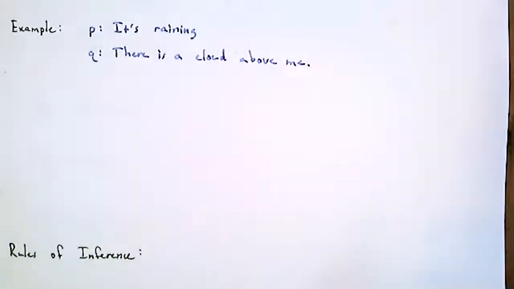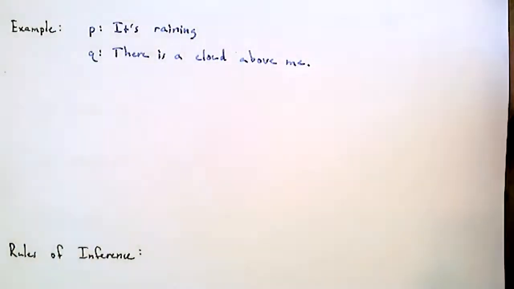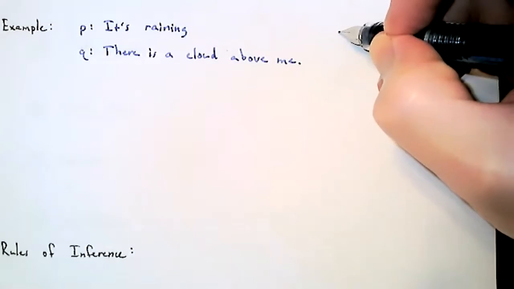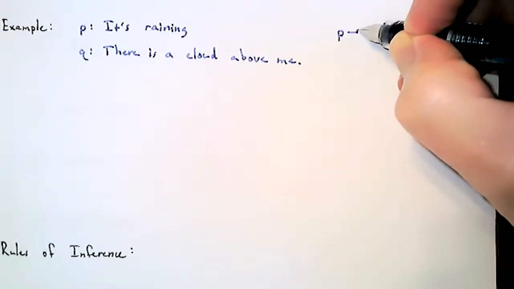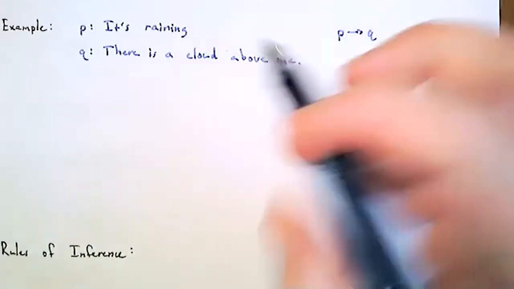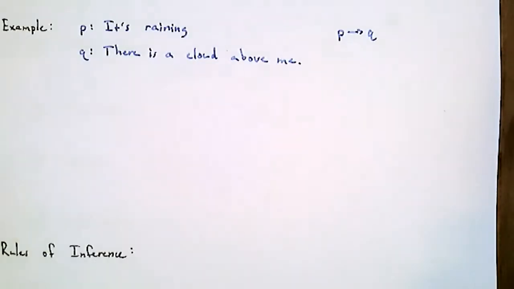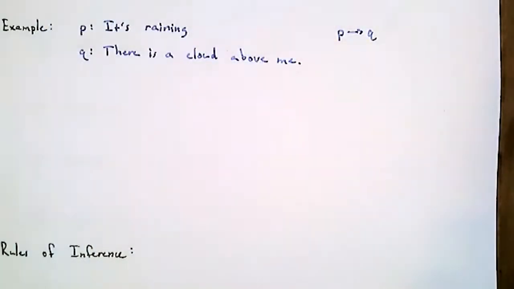And then instead of writing out the sentences like I did here, we can use our symbols to make the same structure, the same kind of argument. So the first line, the first proposition was the conditional. If P, then Q. If it's raining, then there must be a cloud above me. The second hypothesis was just P by itself. It's raining.